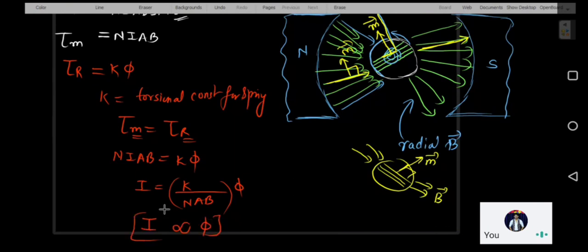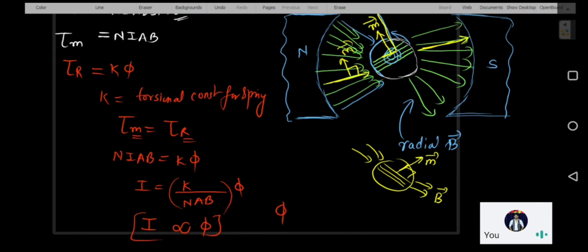That means the more the current flowing in the circuit, the more will be the deflection shown by the galvanometer. And this K upon NAB is a constant, known as the galvanometer constant.